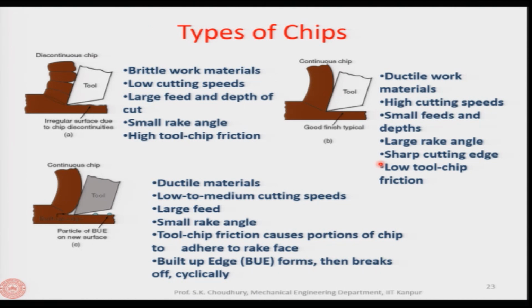Now, apart from that, there is a discontinuous chip. In case the material is brittle, for example cast iron, the chips will be broken, because, as I discussed while discussing the tensile test, that test is valid only for mild steel or ductile material.